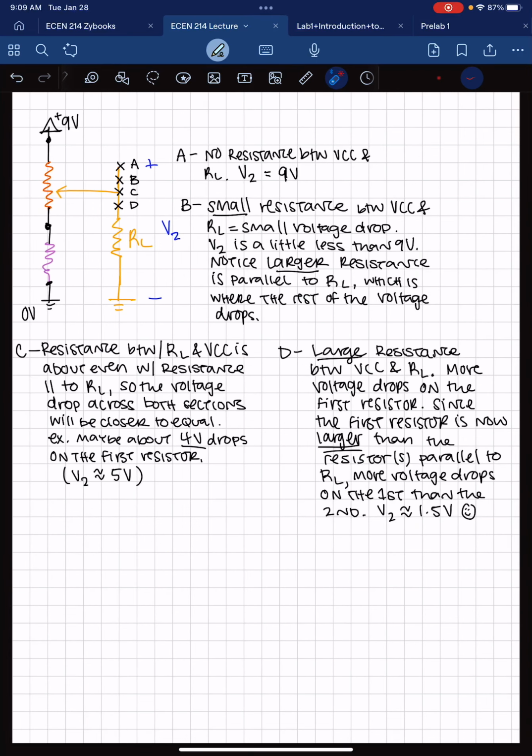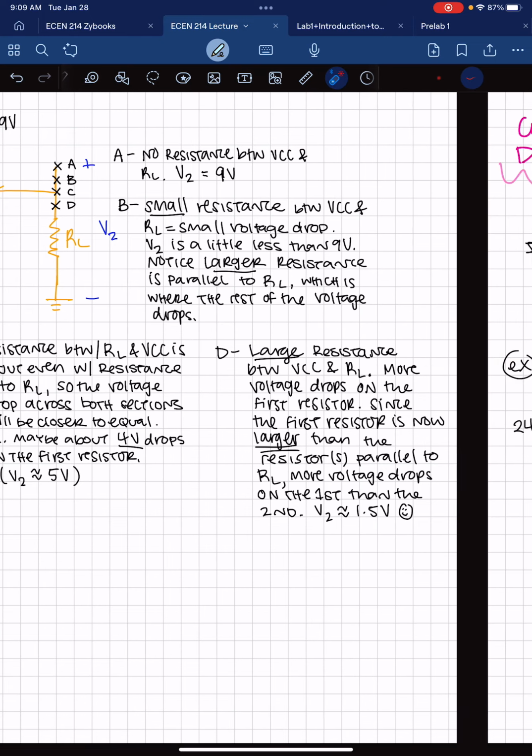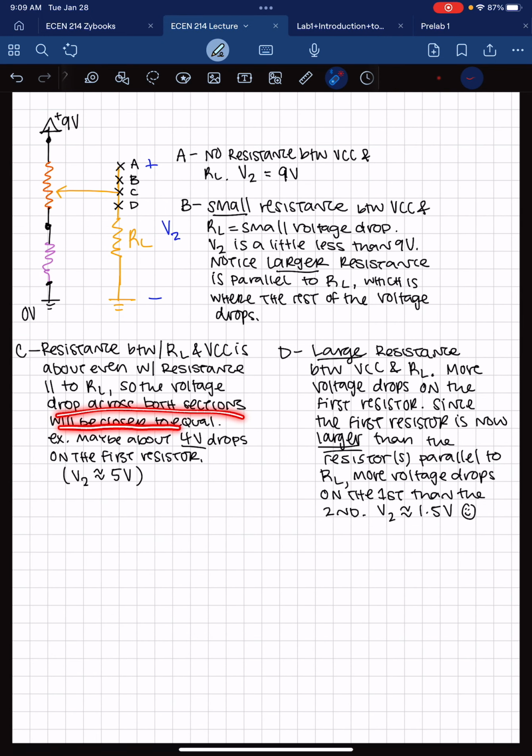It's roughly even. So what'll happen is it drops across both sections about equally. Maybe about 4 volts will drop here, which means 5 volts will drop here. So your V2 is going to equal 5 volts in that case.